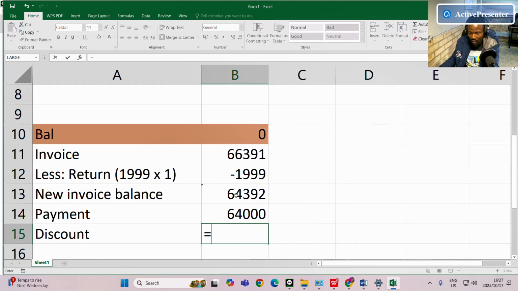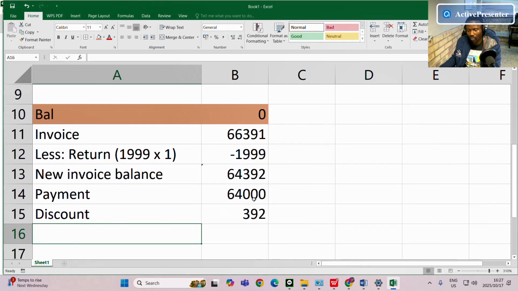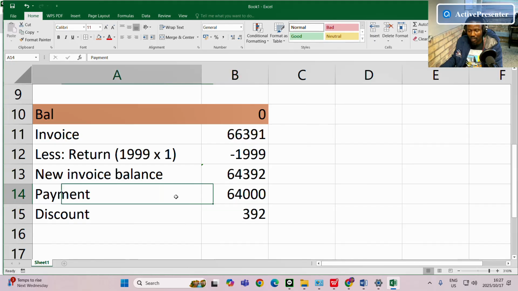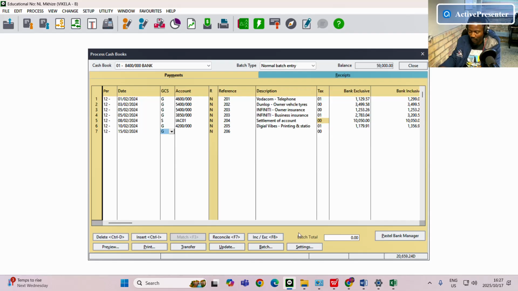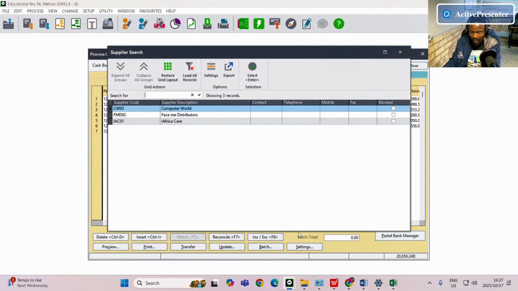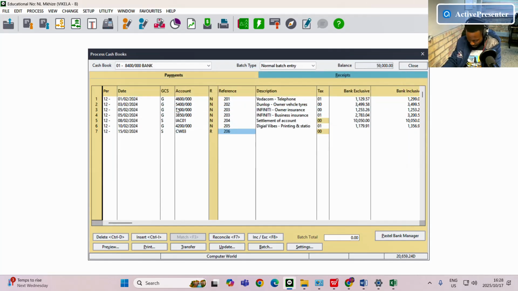So we're going to take the new balance minus the payment. So this is the payment, which is 64,000, and this is the discount, which is 392. So that's what we record. It has to be S. Remember, it's a supplier. And then it's, no, it's Computer World. Sorry. Computer World. Is it 206?